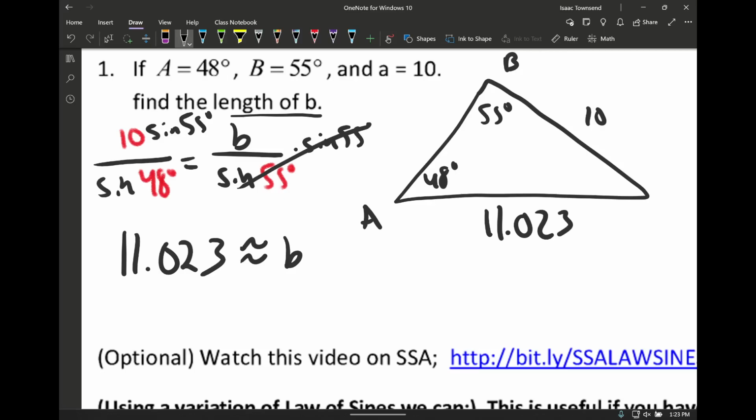So 11 seems reasonable. Okay, questions about that first example before we look at the second one? Everybody okay with that one?